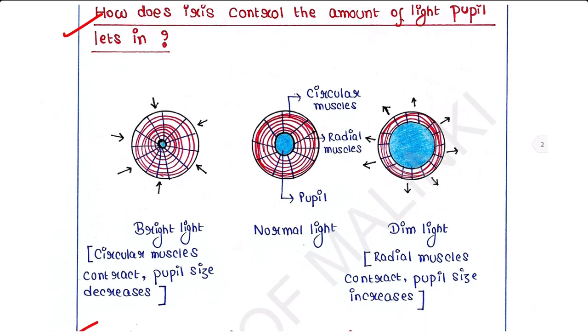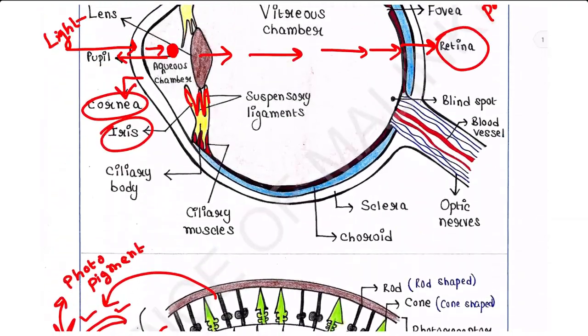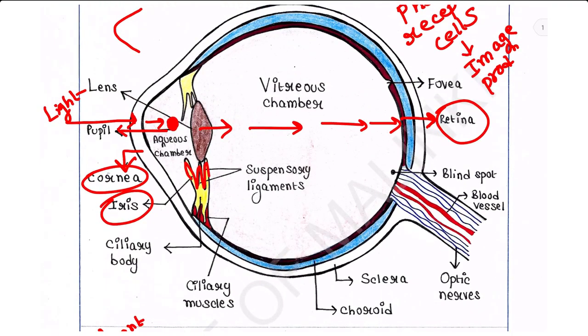Coming to the first question, how does the iris control the amount of light the pupil lets in? We have seen that the iris consists of some smooth muscles.